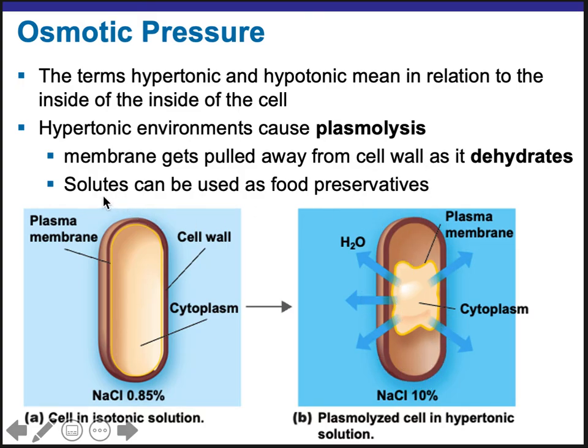And that's why sometimes salt is used as a food preservative. I know we have other fancier chemicals that we also use as food preservatives, but the original food preservative is salt, and that still is true even today.